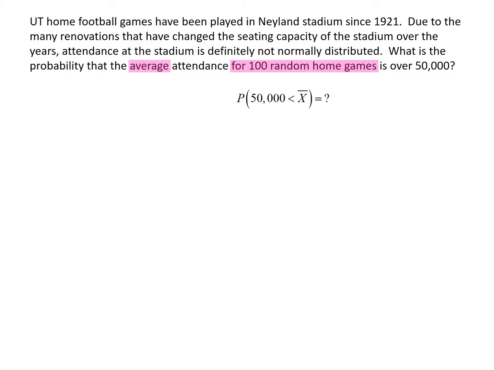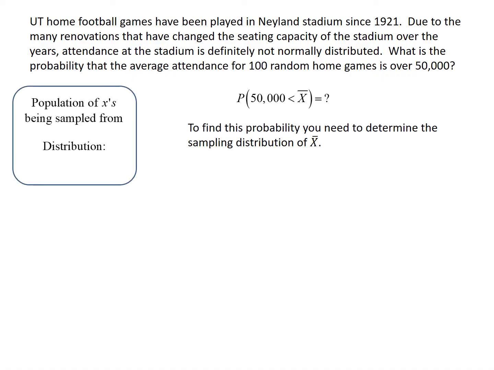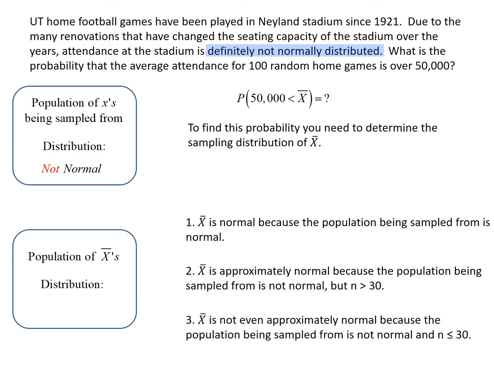To find the probability that X bar is over 50,000, we need to know the distribution of X bar, which depends on the population we are sampling from, which, as I've just discussed, is definitely not normal. Okay. So when we look at our list of options for X bar, the parent population is not normal, therefore X bar is not normal.